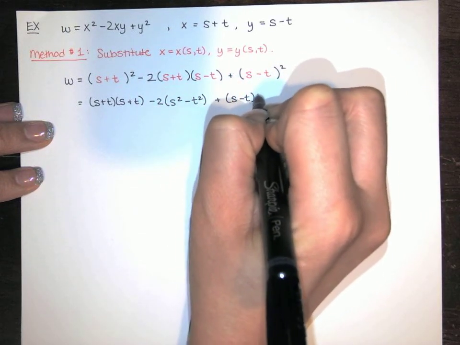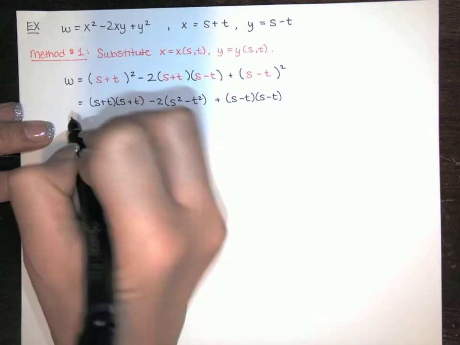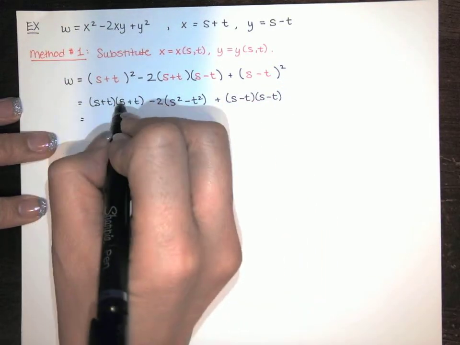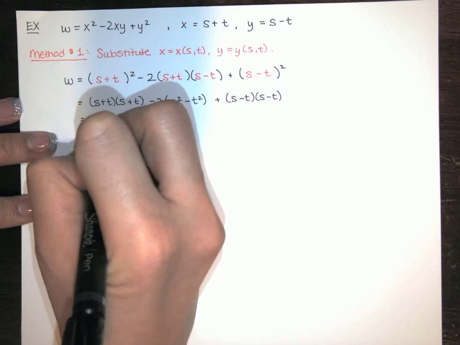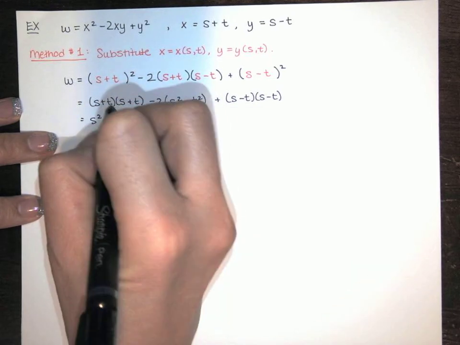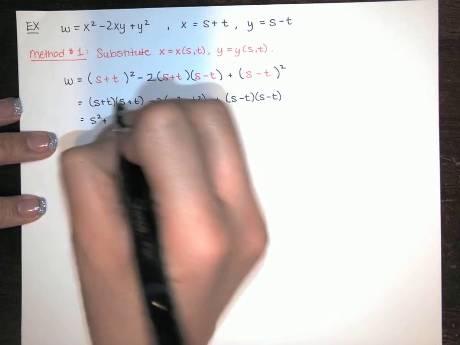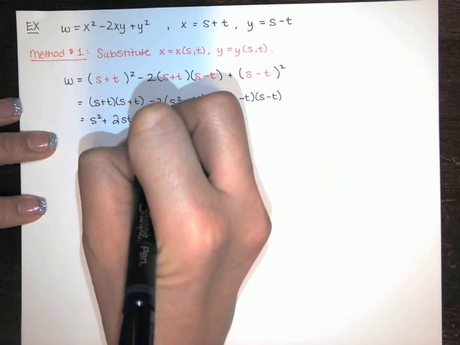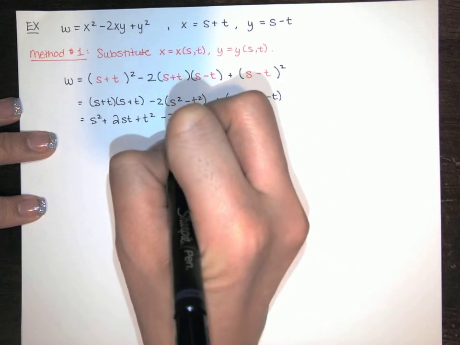And then I've got s minus t times s minus t over here. Keep going. Over here we'll distribute. First times first is s squared. Outer times outer is ts. Inner times inner is another ts, or st, I guess. We've got two of them. Last times last is t squared. Distribute the negative 2 here.